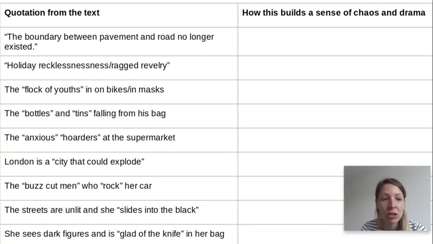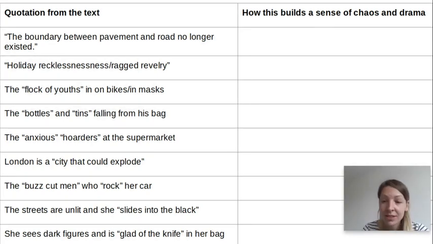Post-apocalyptic, a city gone mad, people hoarding things, a sense of danger, and there's lots of excitement, lots going on. So left-hand side quotes. On the right-hand side, I'd like you to fill in the table and explain how those quotes build a sense of chaos and drama. Now that table is what I'd like you to submit to your teacher, please. Okay, so let's get that done.